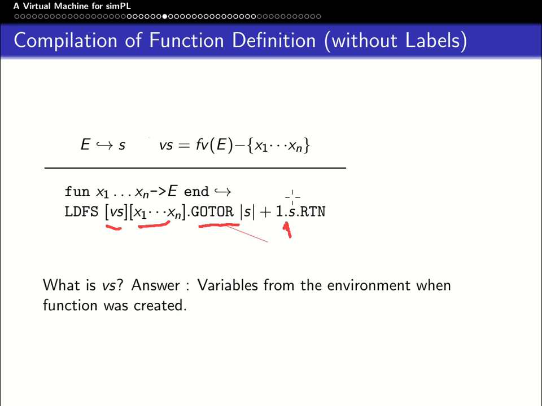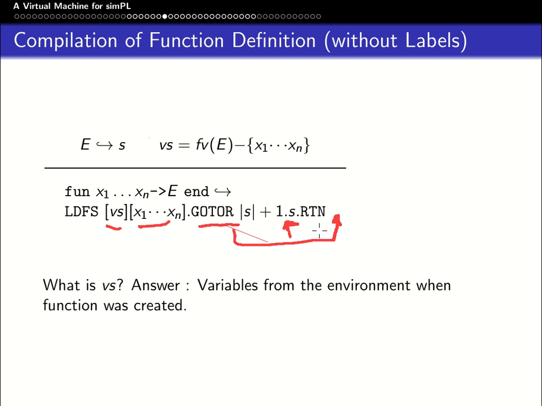The function is laid out here, all right? But we're not executing it right now. We're just defining it. So that code must be skipped. Therefore, immediately after LDFS, we have a goto that skips right here, right after return.